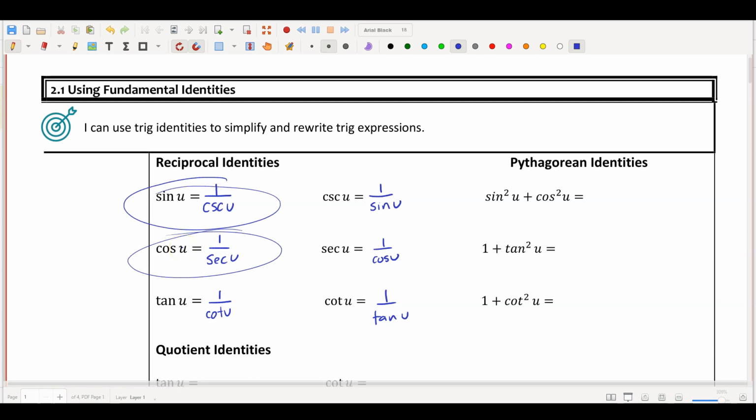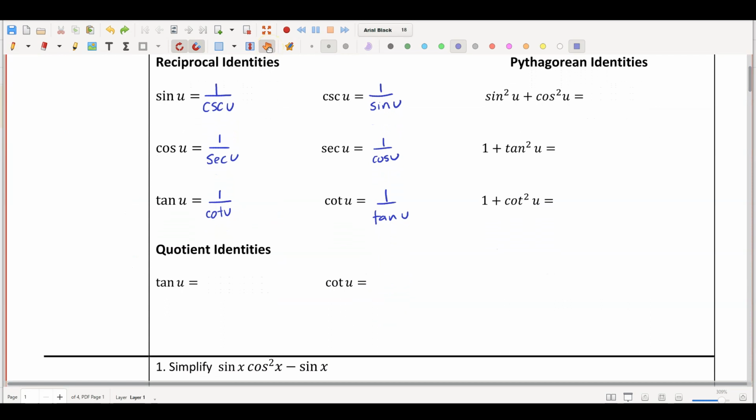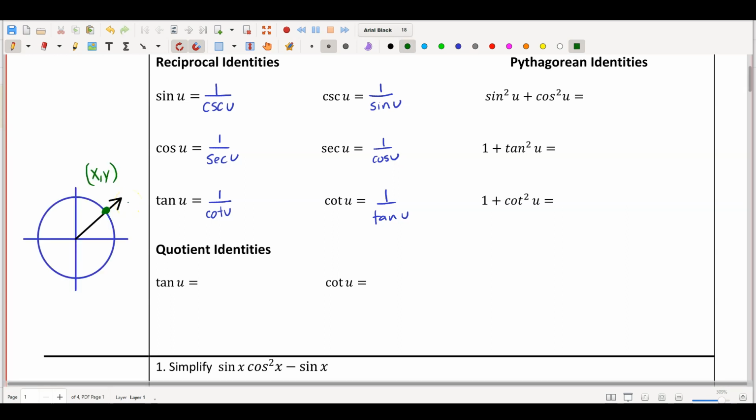All right. So now we go down to the quotient identities. Well, this all comes back to the unit circle. So if we think about our unit circle, there it is. We defined sine and cosine and tangent as the x value or the y value or a ratio of the x and the y of some sort.